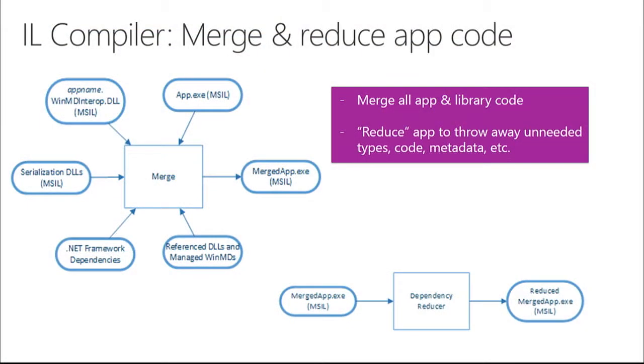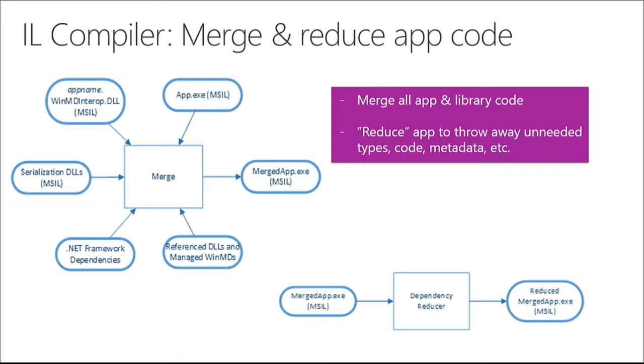We then take the .NET framework libraries that you depend upon, as well as any of the managed DLLs and the managed WinMDs. We merge all of this into one big application. And the reason that we do this is, if you're old enough, you'll remember the rule tar before gzip, that if you put all of your files into one big tarball before you run gzip on them, then gzip has the largest window that it can use to pack your code into the smallest possible package. This is what we're doing here.